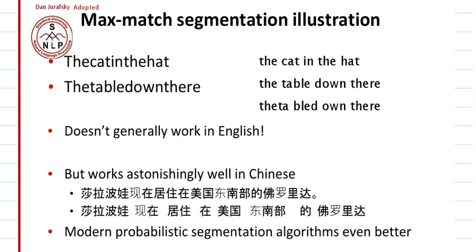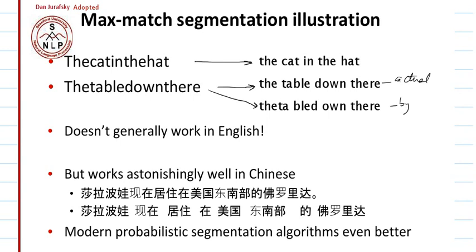So here another example is given, the cat in the hat. The cat in the hat is working well, and we see the output is very good. But in another example, the table down there must be the actual output. This is the actual output, but the algorithm gives "theta bled on there".